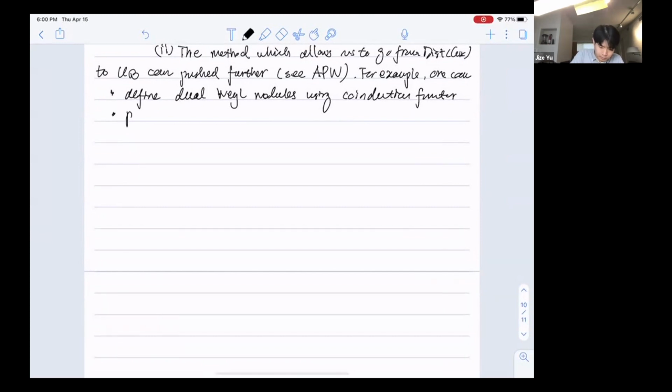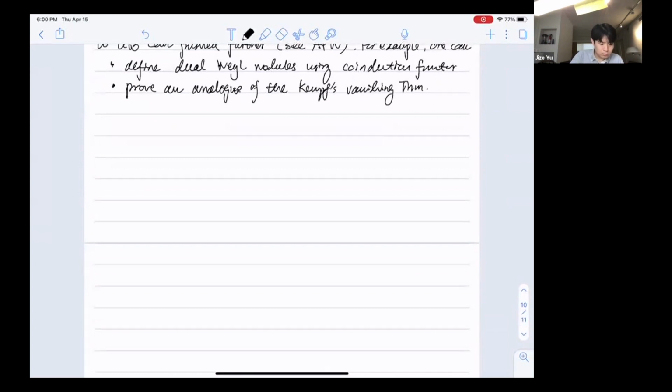And we can prove an analog of Kempf's vanishing theorem. And we can show that in fact, there are no higher Exts between Weyl and dual Weyl modules.